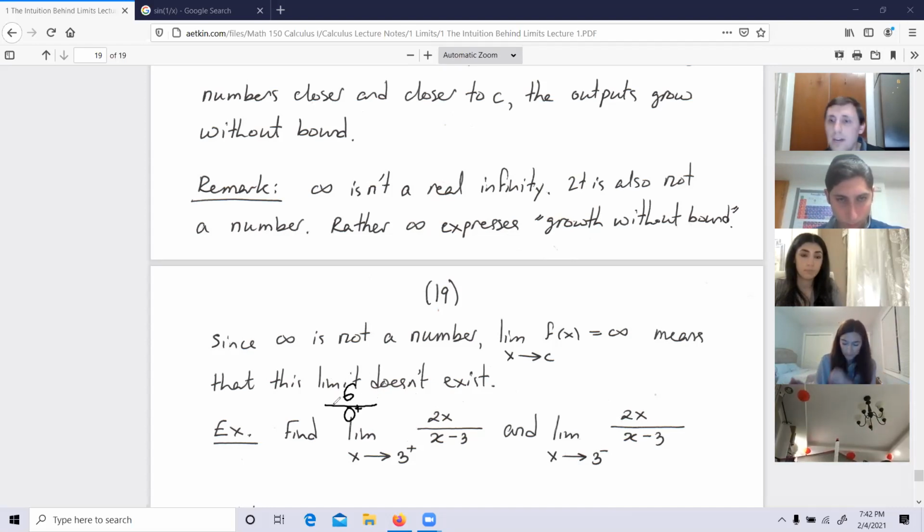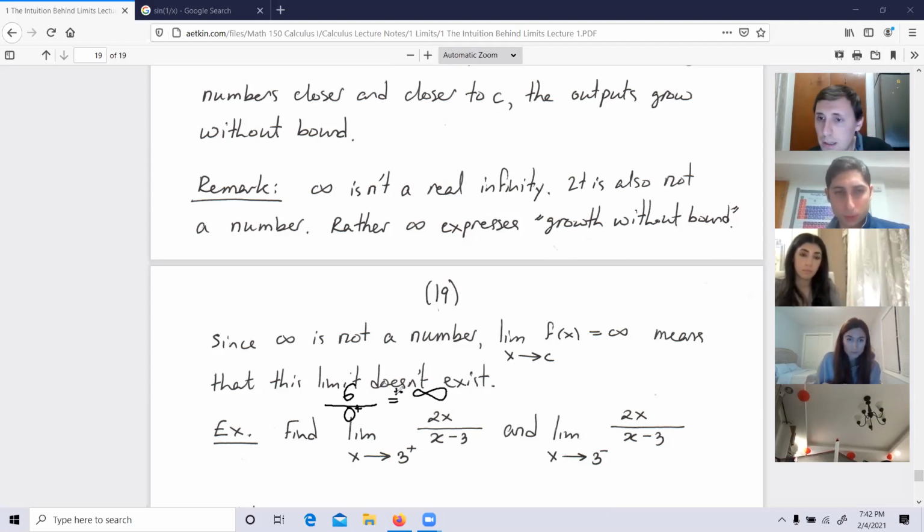If I take 6 and divide by 0 plus, that is like taking 6 and dividing by 1 over 10, or 6 dividing by 1 over 100, or 6 dividing by 1 over 1,000. I'm dividing 6 by a tiny number, which will give me a huge number. So that would be plus infinity.